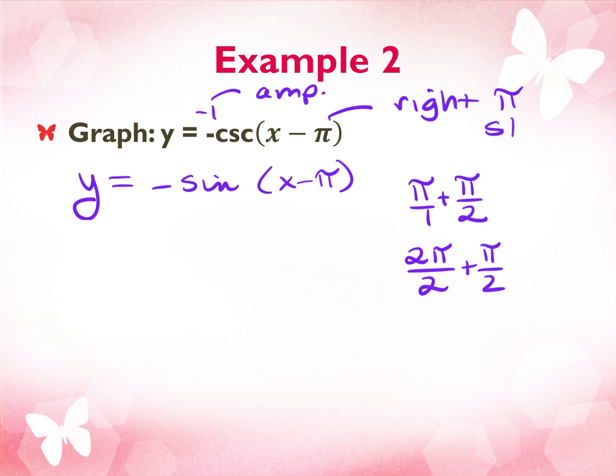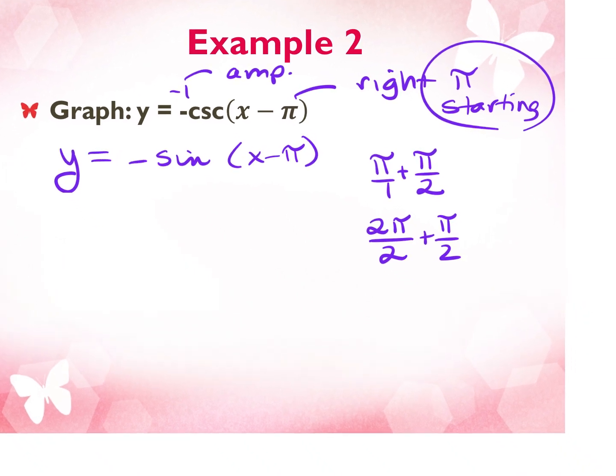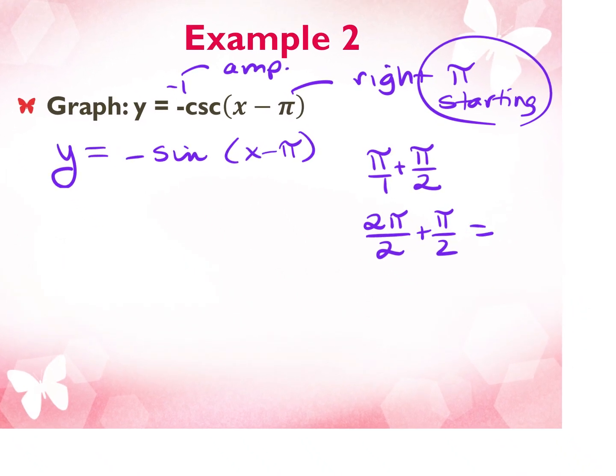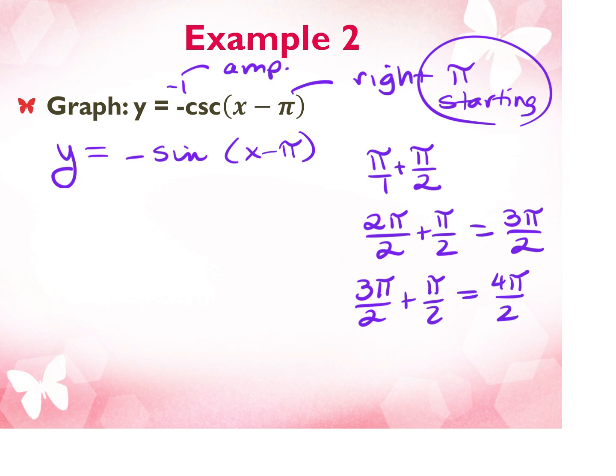So I'm starting at pi. I need to find 4 points to the right, 4 points to the left. So once I do this first calculation, this gives me my first point to the right. I'm going to take that, add another pi over 2, and I get 4 pi over 2, which will simplify to 2 pi.